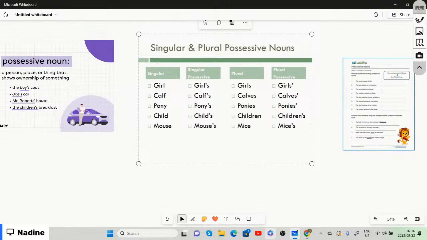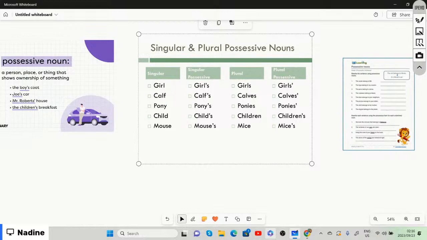So now we're going to basically give you an indication of whether the word is just singular or if the word is singular possessive. The same with plural. Is it just plural or is it plural possessive? All right.